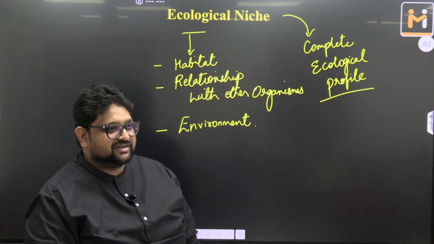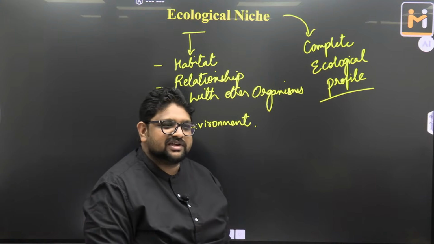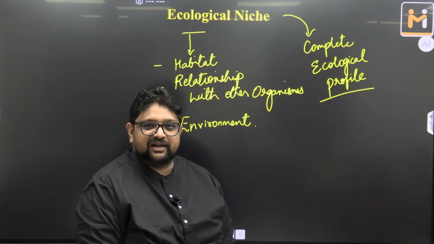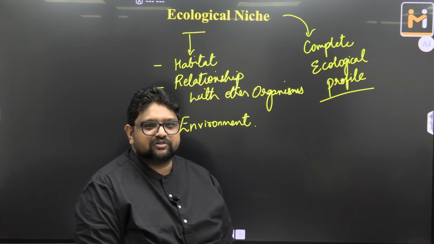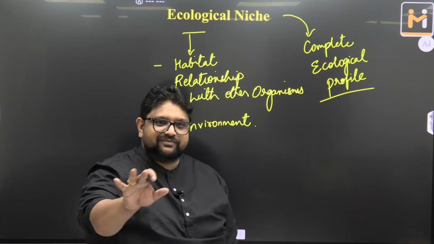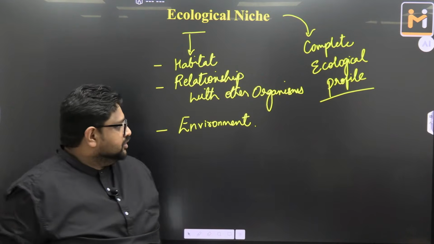That is their niche, and it is not chosen by them. It is the niche assigned by nature for balancing and keeping nature in equilibrium. That is the rule of nature: nature will make sure that everybody has their own niche. So this is what a niche is.